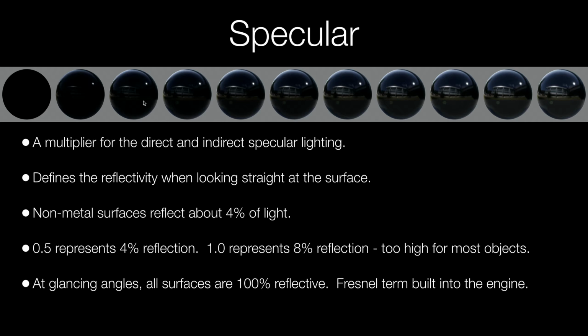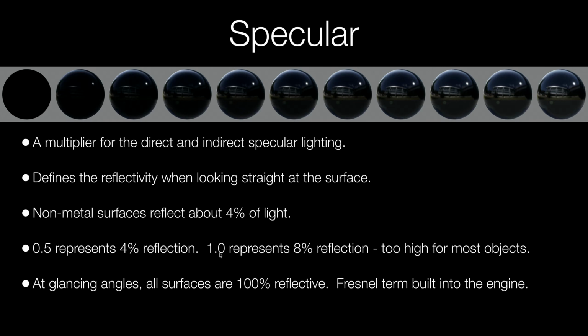So if you pass a value of 0.5 into your specular socket, that will give you a 4% reflection. And that happens to also be the default value. So if you leave nothing attached to your specular, it will give you 4% reflection, which is what 90, 95, 98% of the objects in the world have as their reflectivity.